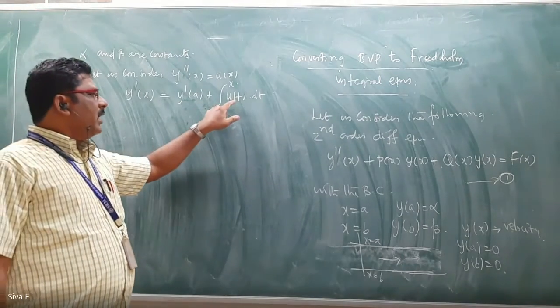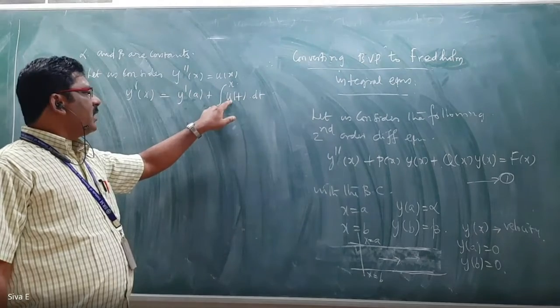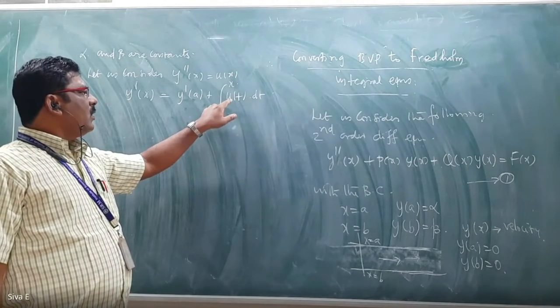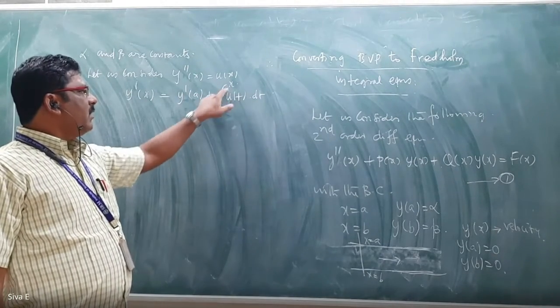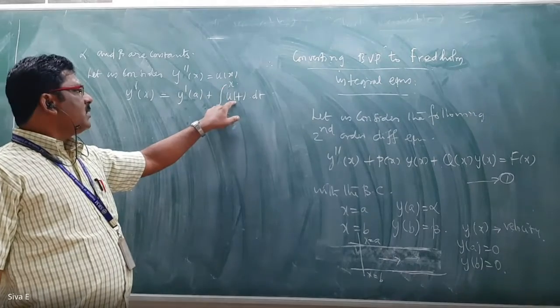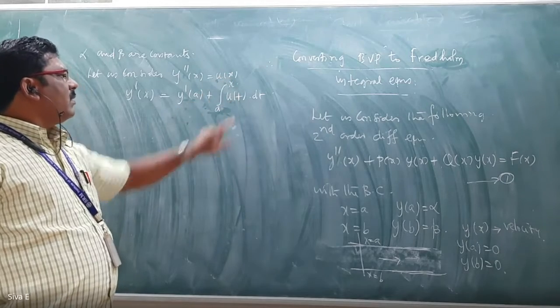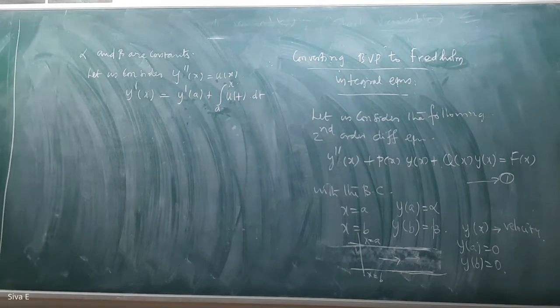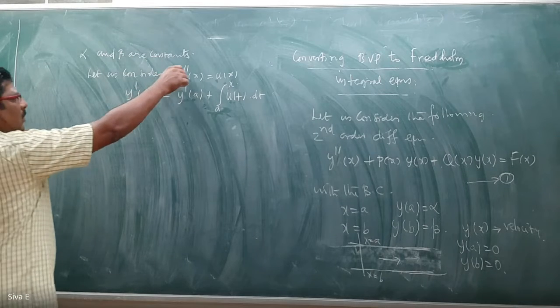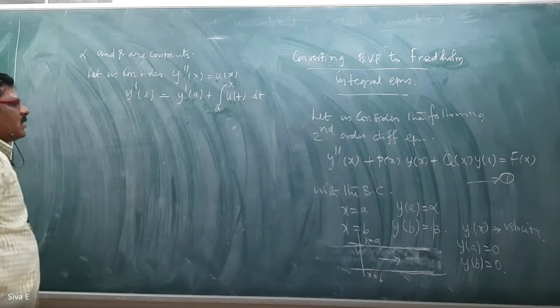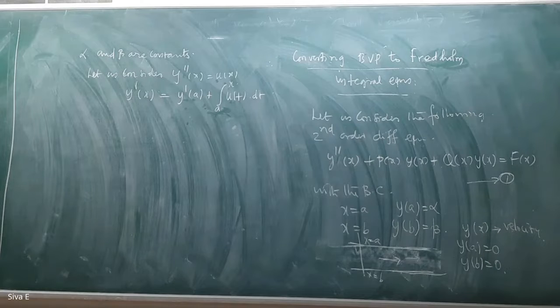If you are differentiating that, you will get u of x. Substituting, the integral will go, u of x minus u of a. So that u of x will come here. Therefore, you can write this equation: if you are integrating that, you will get y dash of x equal to y dash of a plus integral from a to x of u of t dt.